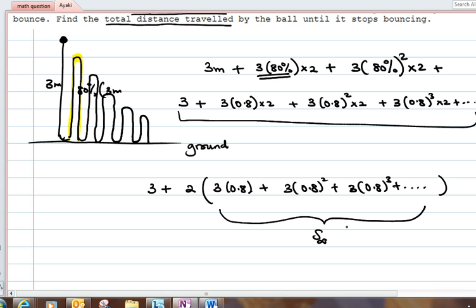So that sum to infinity, or that infinite sum, actually exists, and it is a series with the first term as 3 times 0.8 and the common ratio as 0.8.